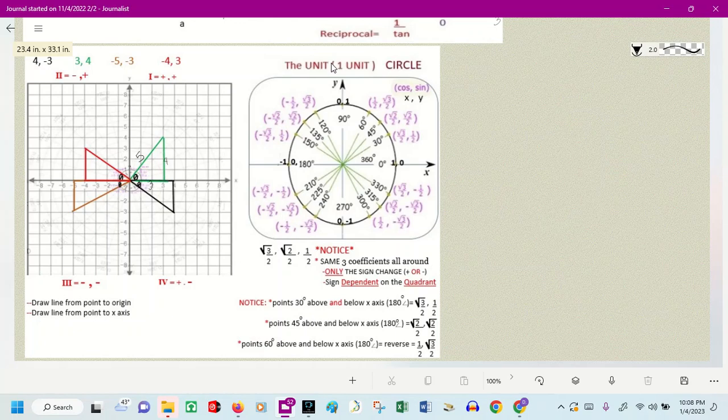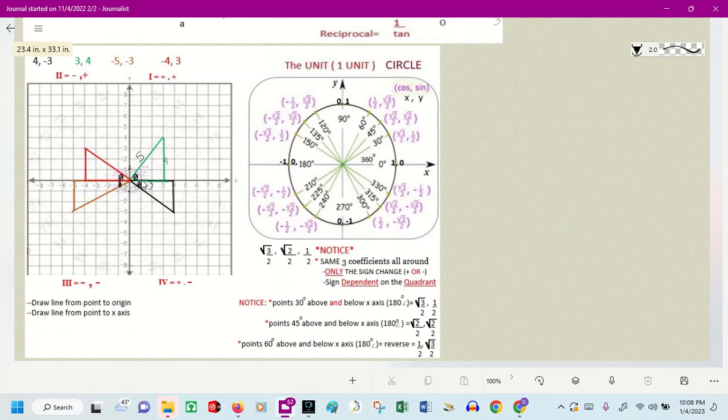Now, that being as easy as it is, it's also why you are taught as well the 1 unit circle. Because if you focus in on the 1 unit around of the quadratic chart we're looking at, 1 unit up, that's the point 0 for x and 1 for y. 1 unit to the left is -1 for x and 0 for y, because you're on the x-axis. 1 unit down on the y-axis is 0 for x and -1 for y, because you're on the y-axis.